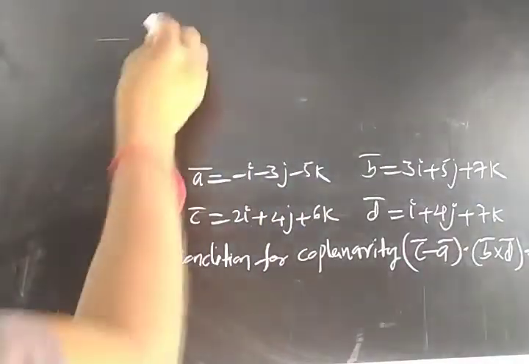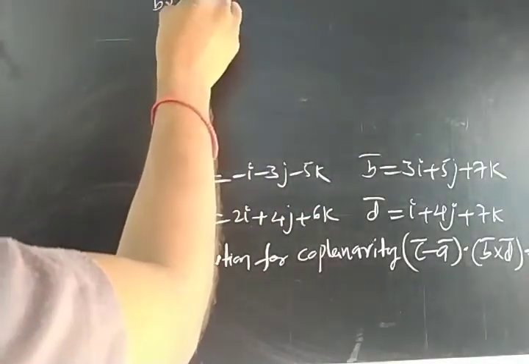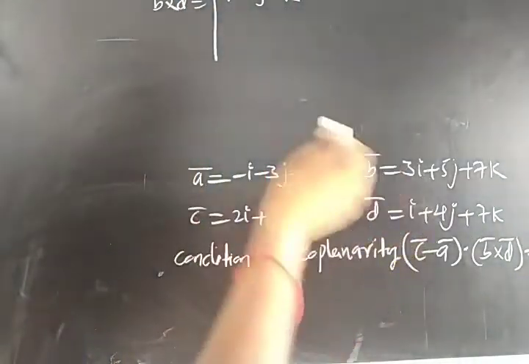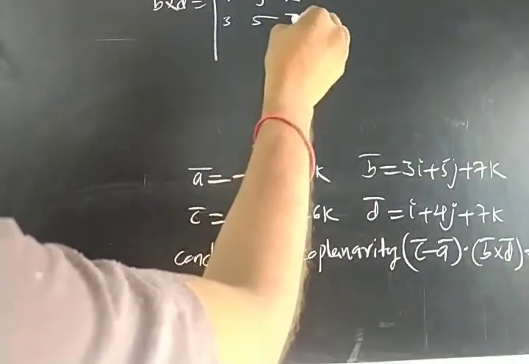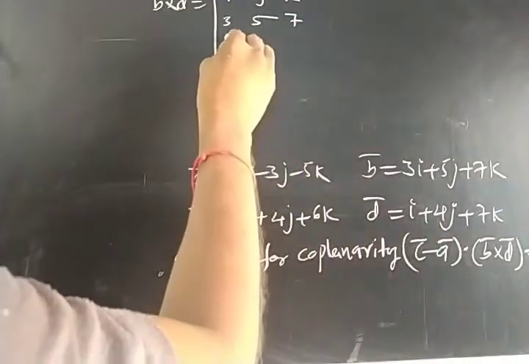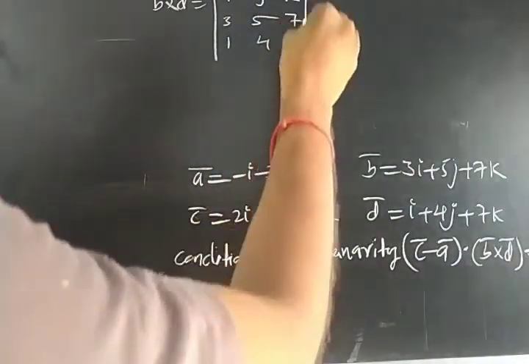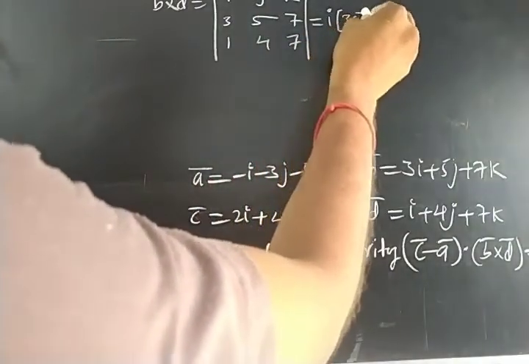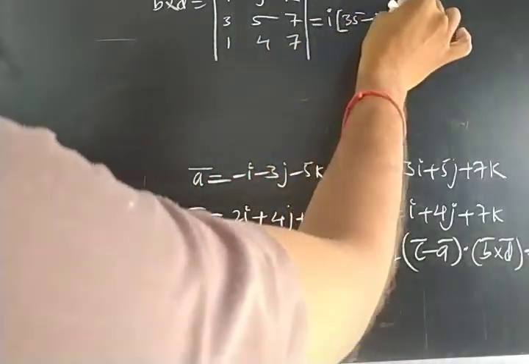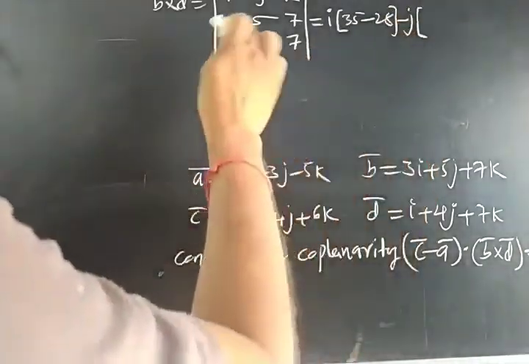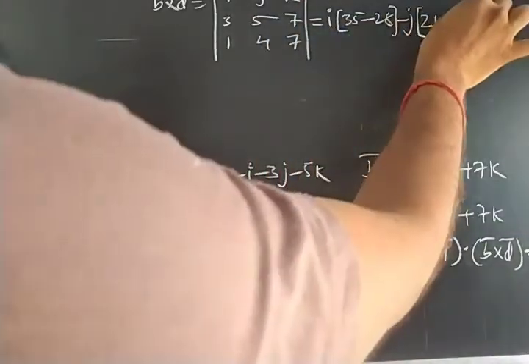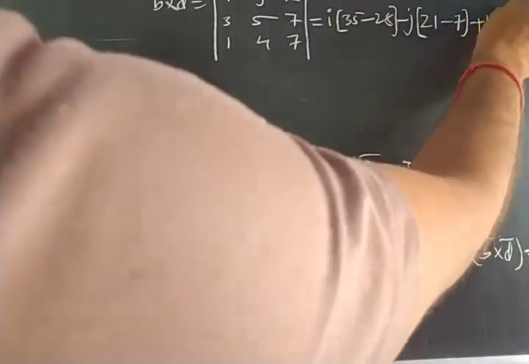So I am going to find b bar cross d bar. B bar vector: i, j, k, components of b bar 3, 5, 7, components of d bar 1, 4, 7. Now i into 5 7s are 35 minus 7 4s are 28, minus j into 3 7s are 21 minus 7, plus k into 3 4s are 12 minus 5.